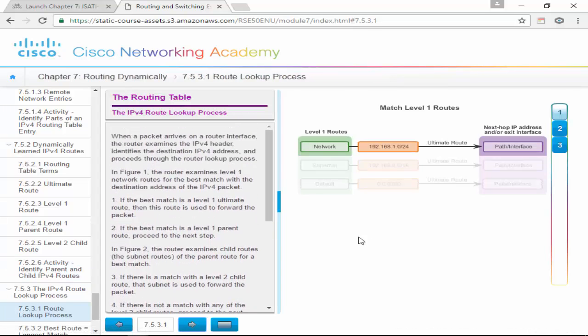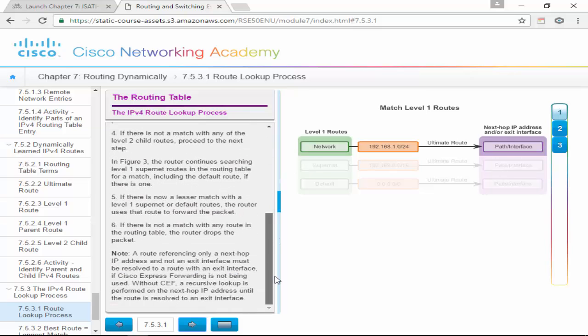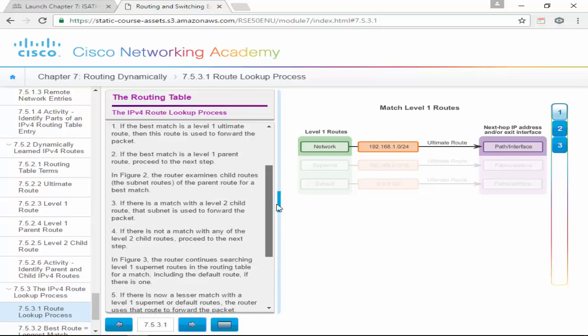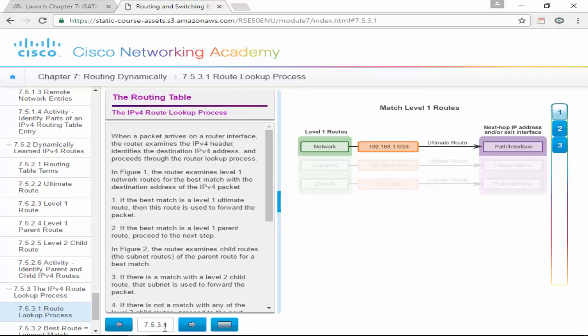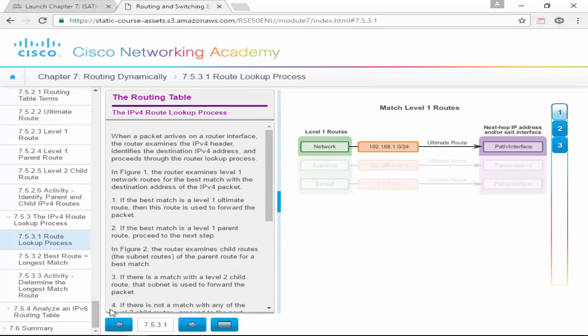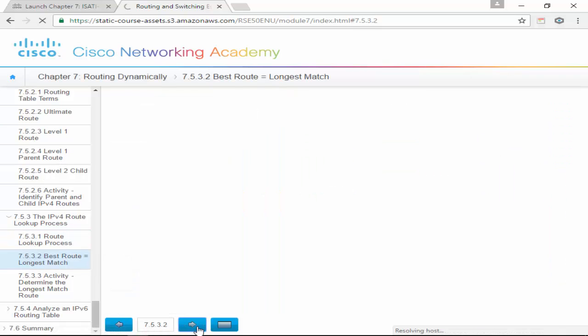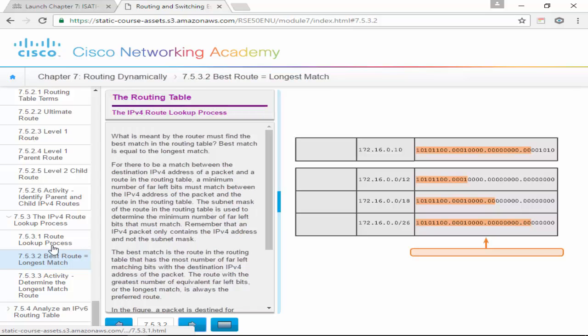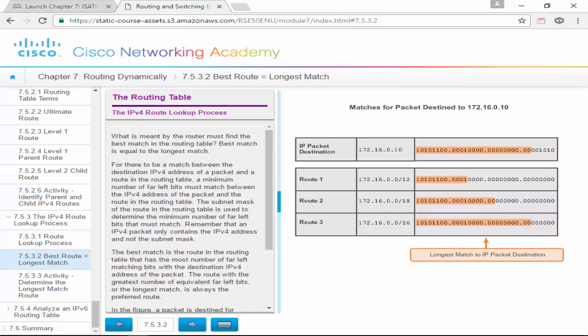IP version 4 route lookup. It's called a recursive route, right? When we look up a route, it's recursive, or no, it's not. Sorry. We do not have recursive routes yet. It'll be coming here. But basically what they're talking about here is when we look up a route, the route that will ultimately be chosen is that with the most bits.